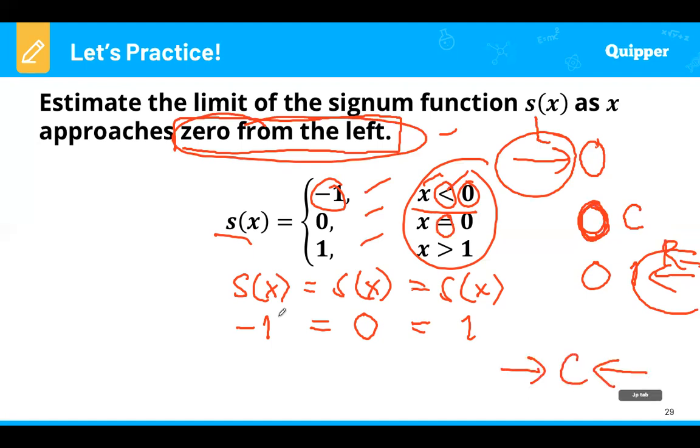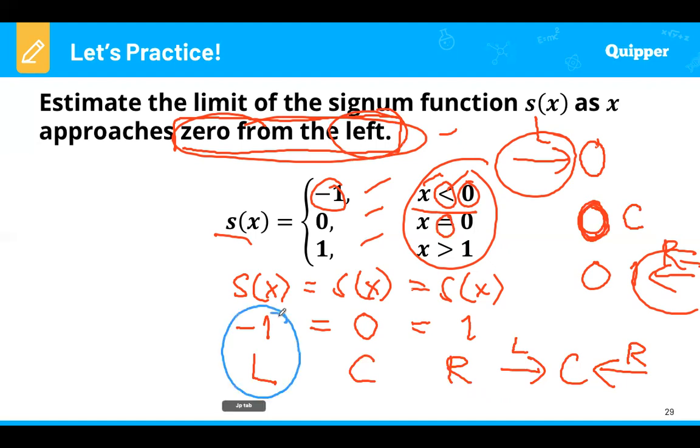Ito yung left, ito yung R, ito yung C. So if I put L, C, R, ang tinatanong natin is 0 from the left. So the answer is negative 1. It is from the left, so the answer is negative 1.